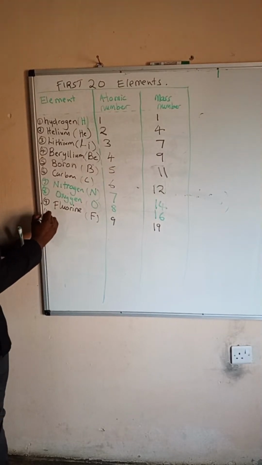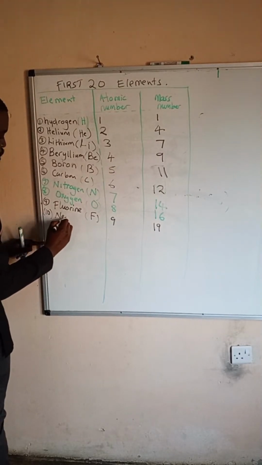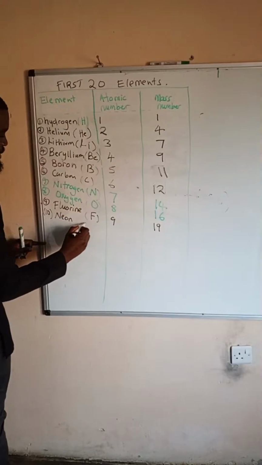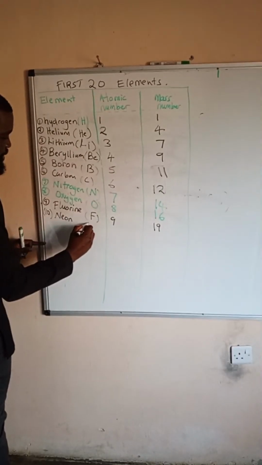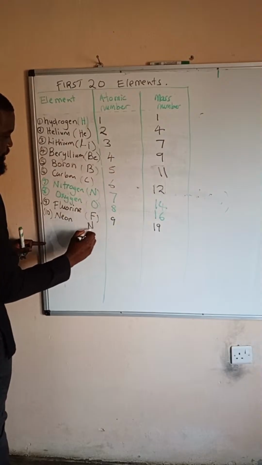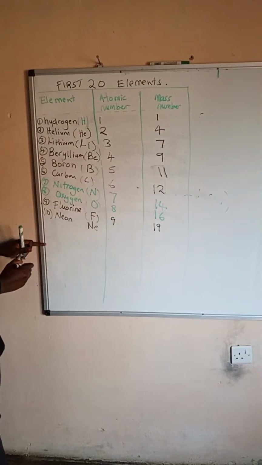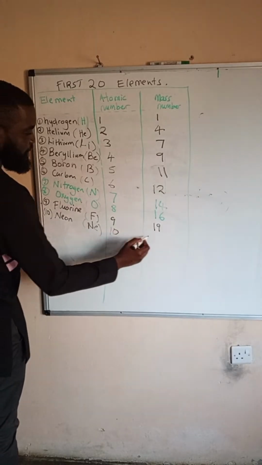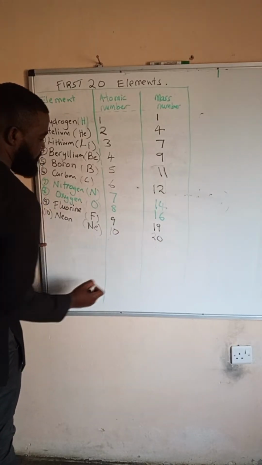Number 10, neon. Neon is represented by Ne. Neon, it is 10. This side it is 20.